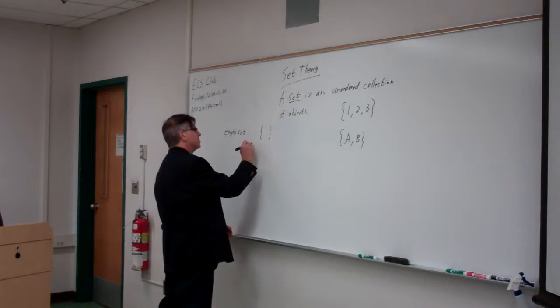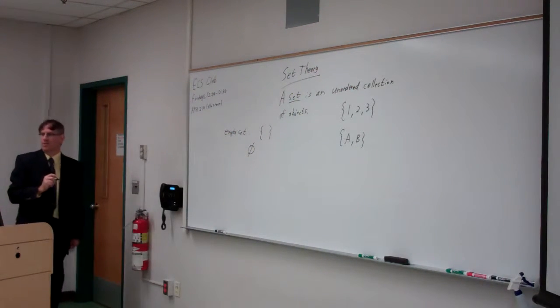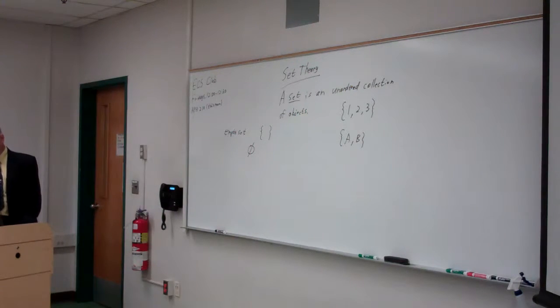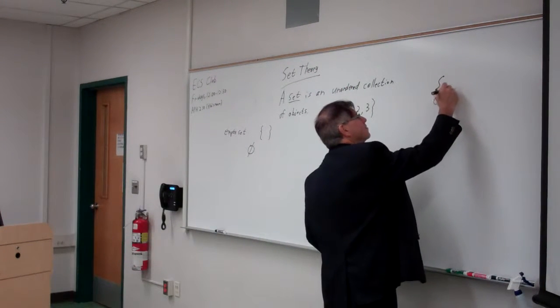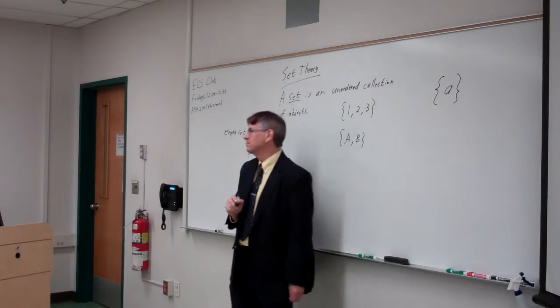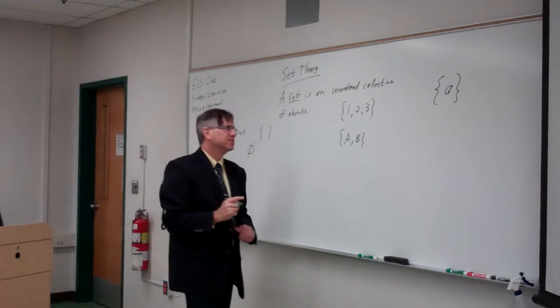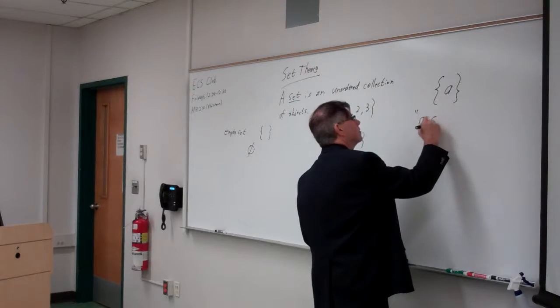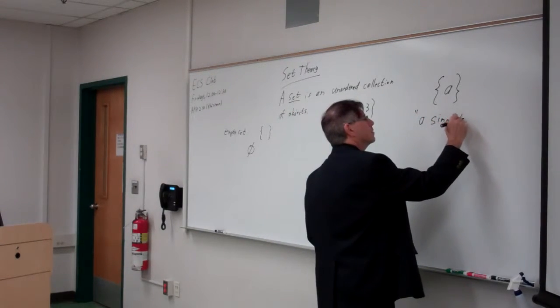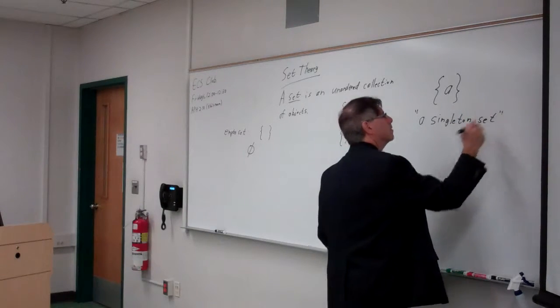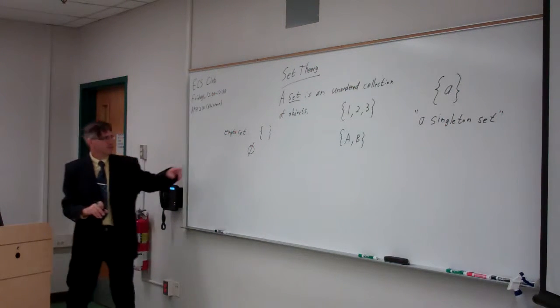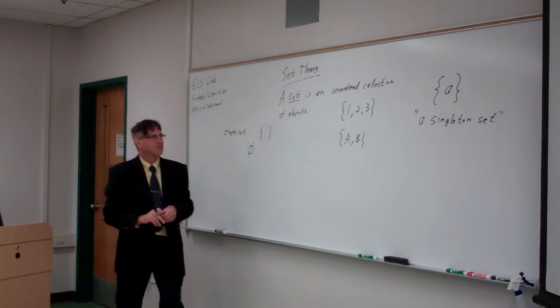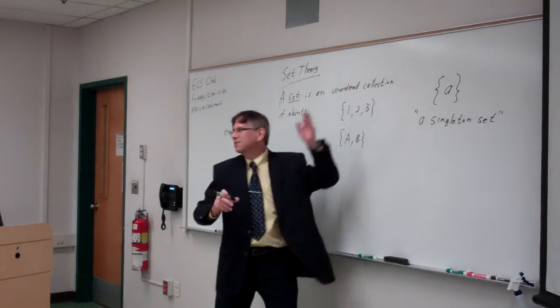And sometimes we just use this symbol, 0 with a slash through it, to mean the empty set. A set can also consist of just one thing, and we call that a singleton set. So this is a set consisting of no objects. A singleton set is a set containing just one object.